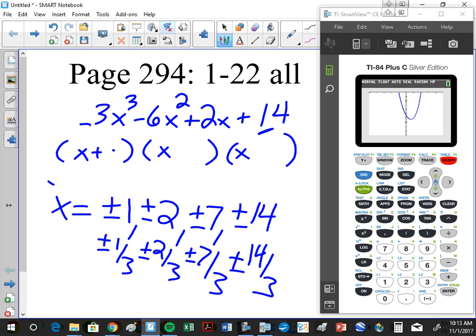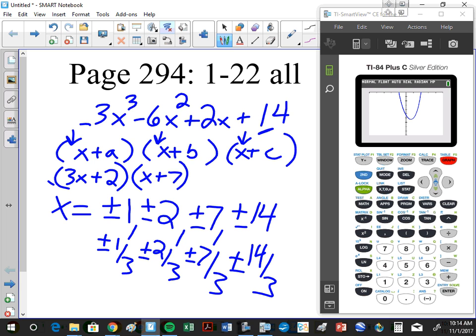So when I line up all of my factors, I would have x, x, x, plus a, plus b, plus c. A, b, and c have to be factors of 14, right? But one of these is going to be a 3. So it could be 3x plus 2, and then x plus 7, and x plus 1.